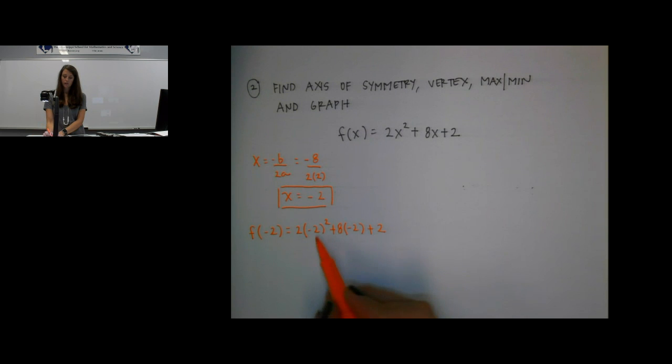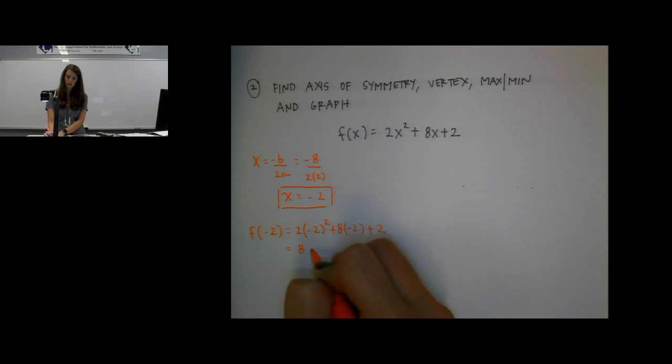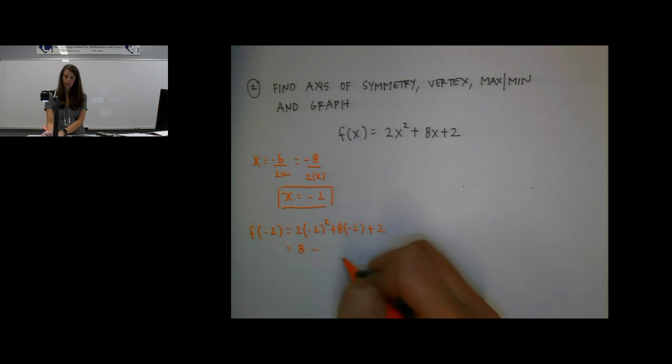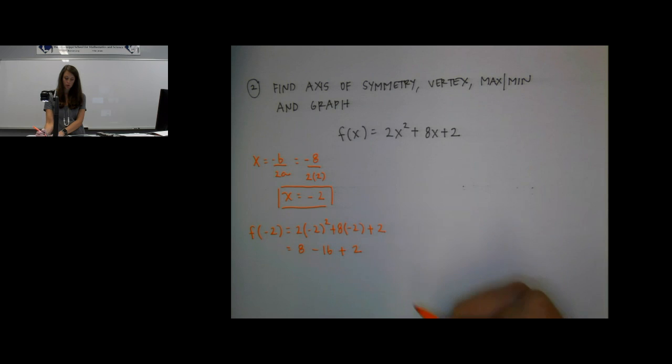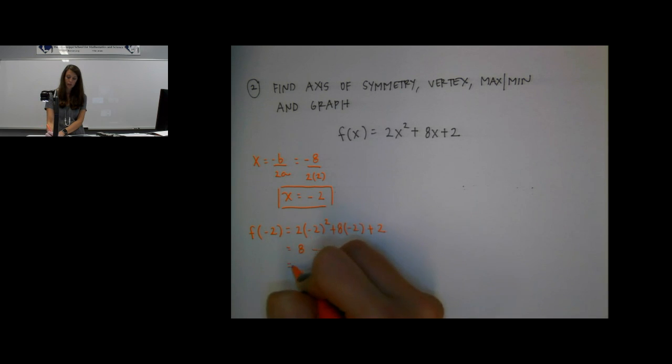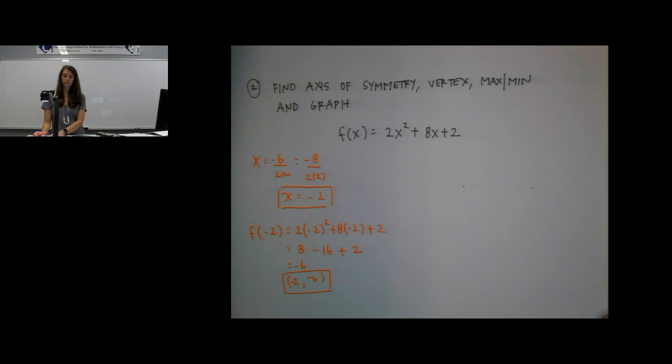Negative 2 squared is going to give me a 4. 4 times 2 gives me an 8. 8 times a negative 2 is a negative 16, plus a 2. So that's going to be a negative 6. So the vertex is going to be at negative 2, negative 6.